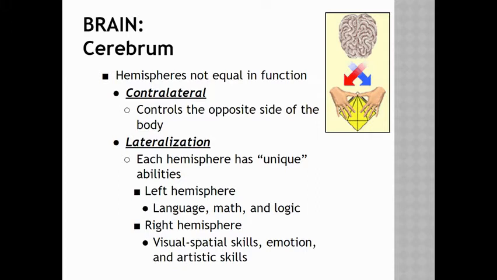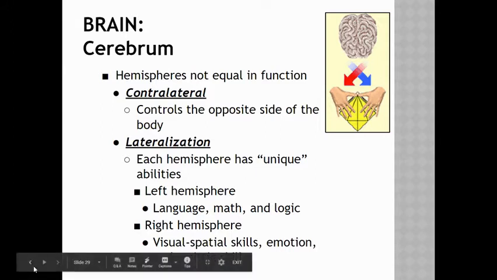Lateralization is a generalization. It's not that the left hemisphere only controls language, math, and logic. It's actually being done by all parts of the brain. It just seems that the left hemisphere may do a little more with that than the right, and then vice versa with the right hemisphere.